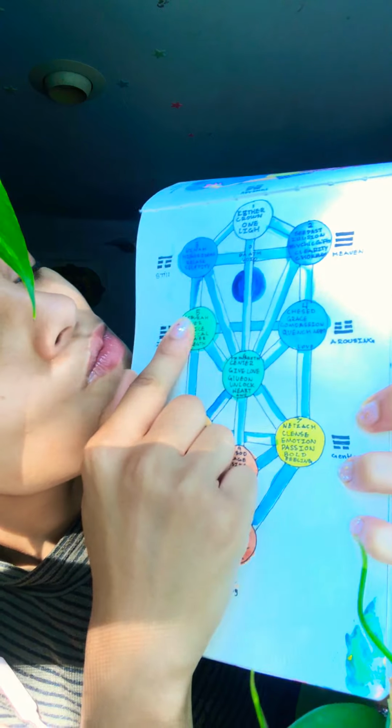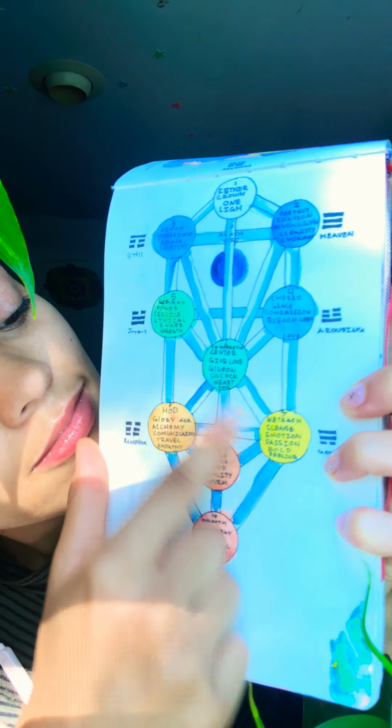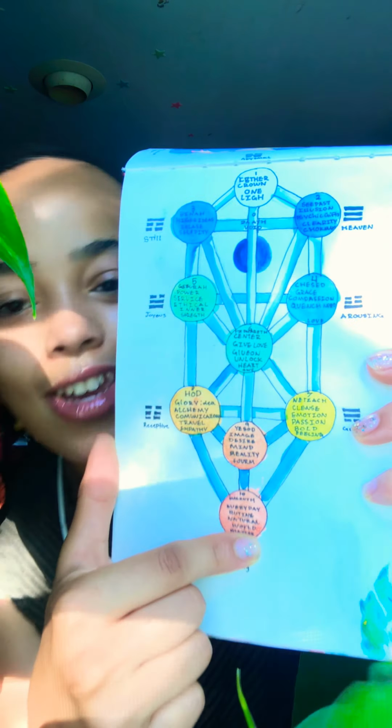I'll just go over the numbers really quickly. We have 1, 2, 3, 4, 5, 6, 7, 8, 9, 10. Okay, so there are 10 components to our user.